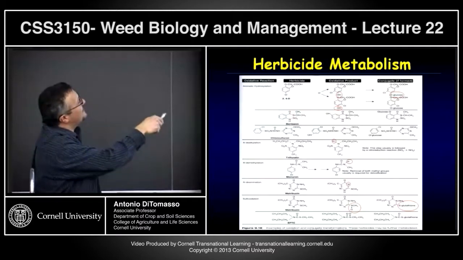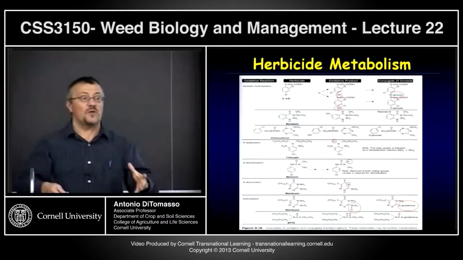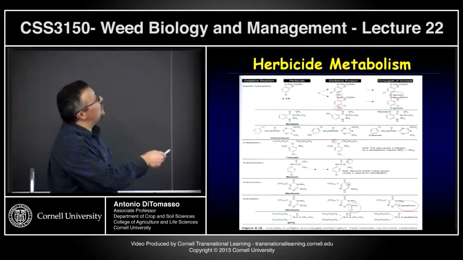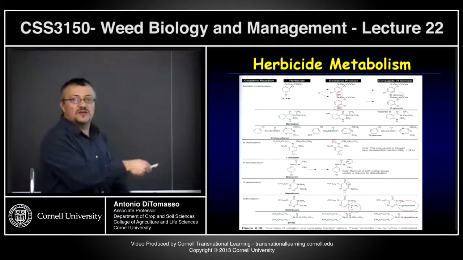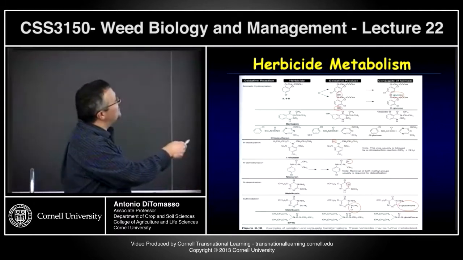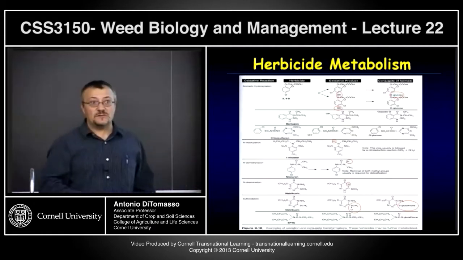Again, I just wanted to give you a sense that we do know what happens and what the byproducts are. And alkylation: an alkyl group is CnH2n+1. What you're seeing here is trifluralin, or Treflan, in resistant species.